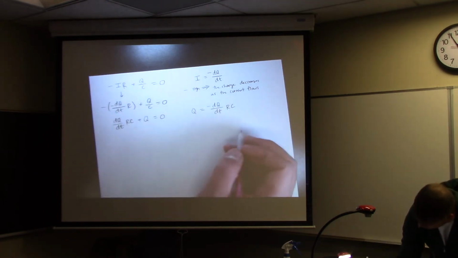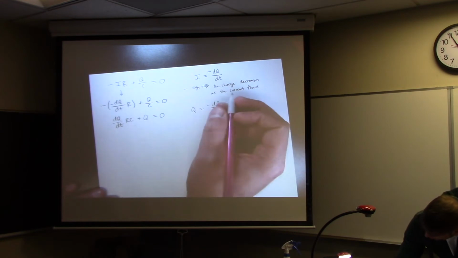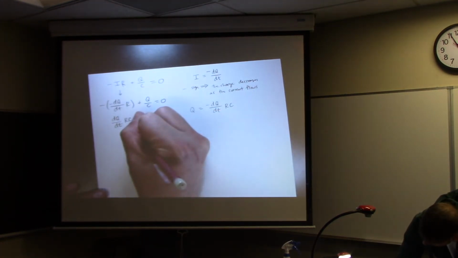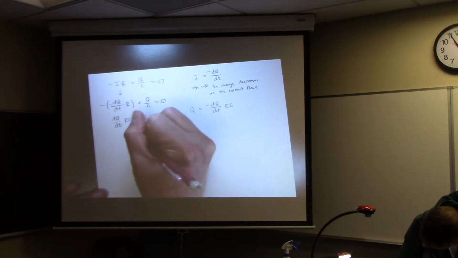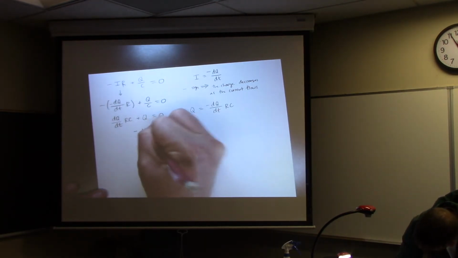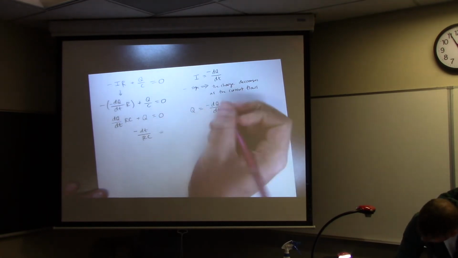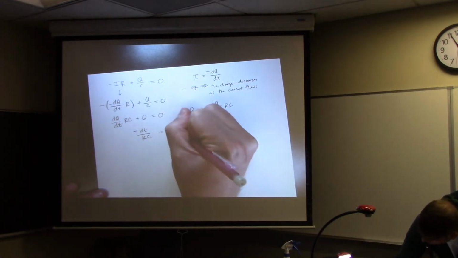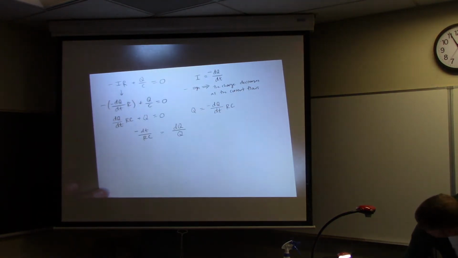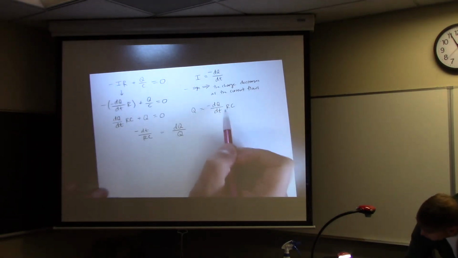So what does that give us? Well, on one side we'll have minus dt over RC, and on the other side, we'll have dq over Q. So that's just a simple rearrangement of what's happening here.